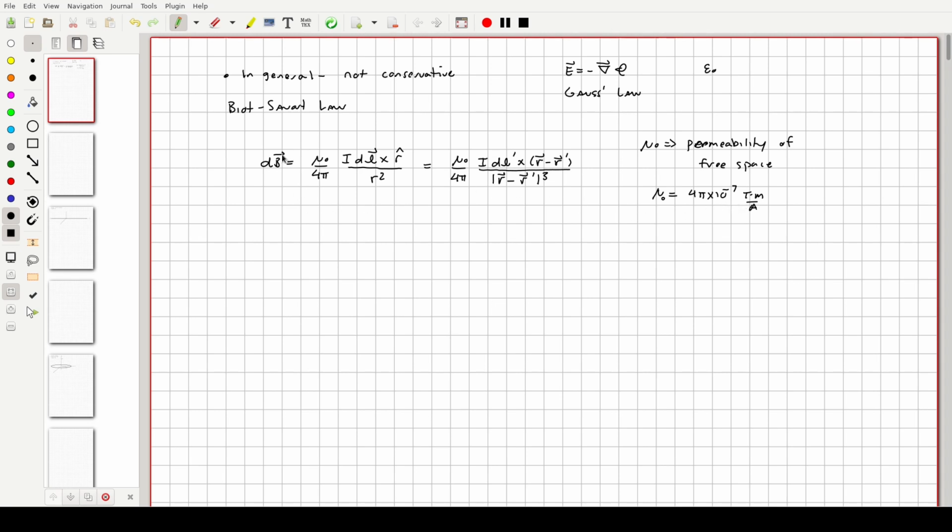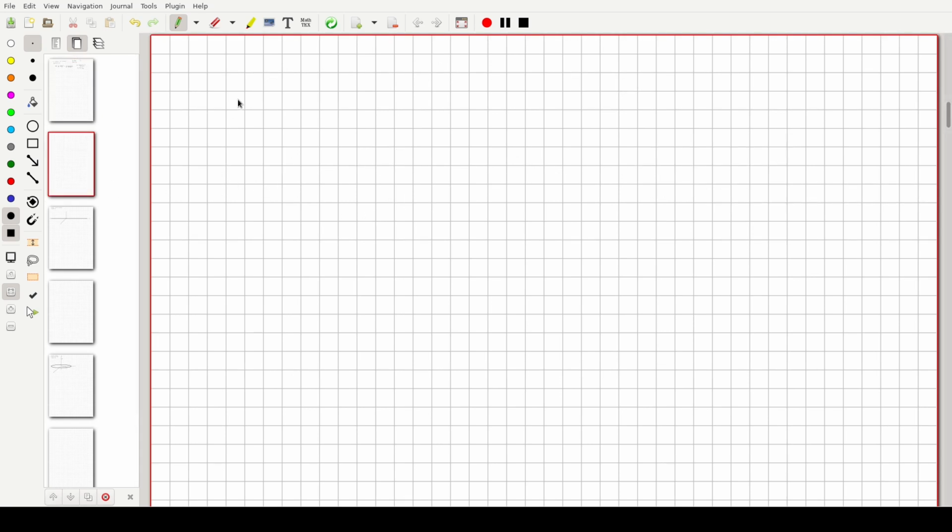Now, let's talk a little bit more about the Biot-Savart law, specifically how to visualize it. So, let's write it here. Like I said, I like the more generalized version, so we're going to use that. And I want you to imagine a wire or a line of current.